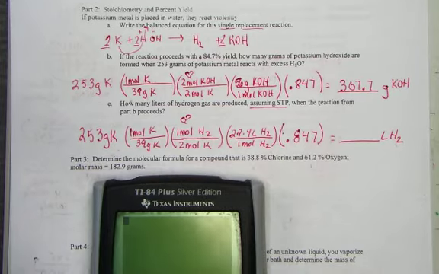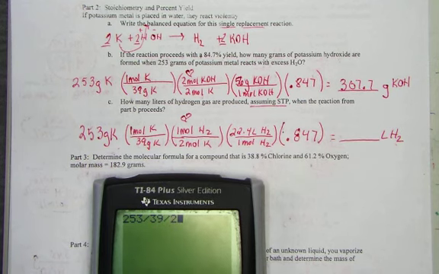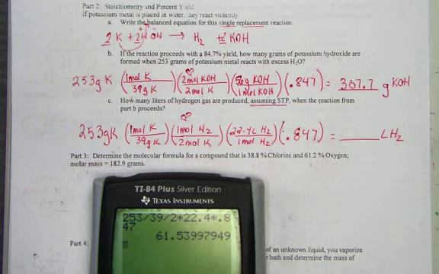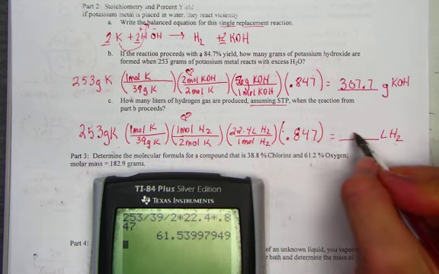We'll hit, starting with the mass, 253, divided by potassium's molar mass. This time we have to divide by 1/2, multiply by the molar volume, 22.4, and the 84.7% efficient reaction. How about 61.53? Excellent.